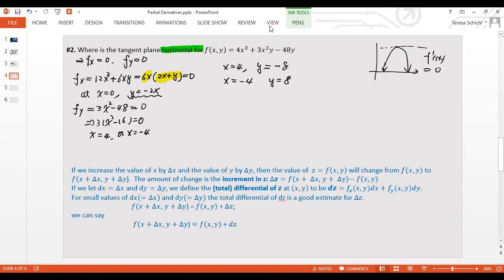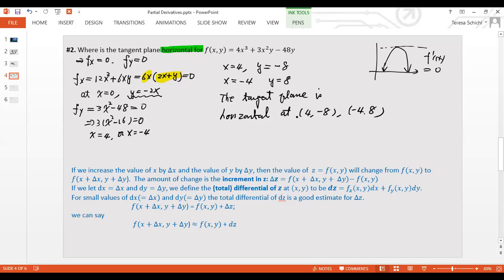So I know the tangent plane is horizontal at these points: (4, -8) and (-4, 8). Just like what we did in R1 and R2, right? So we just expanded the same ideas here.